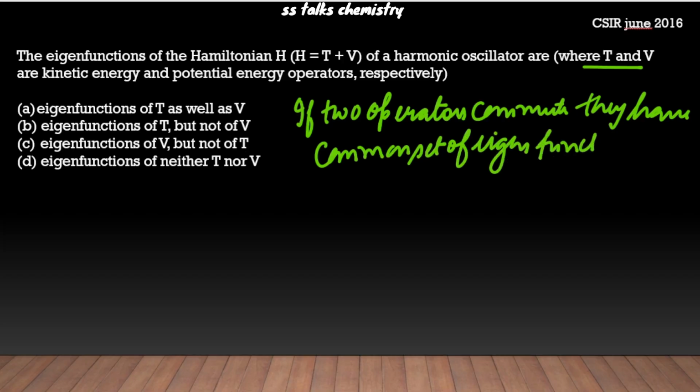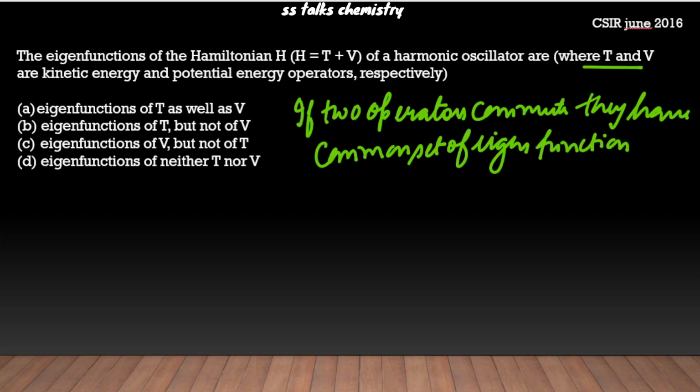Which means the eigenfunctions of H will be the eigenfunctions of the kinetic energy if the Hamiltonian is commuting with the kinetic energy. Similarly, the eigenfunctions of the Hamiltonian will be the eigenfunctions of the potential energy if the potential energy and the Hamiltonian are both commuting with one another.